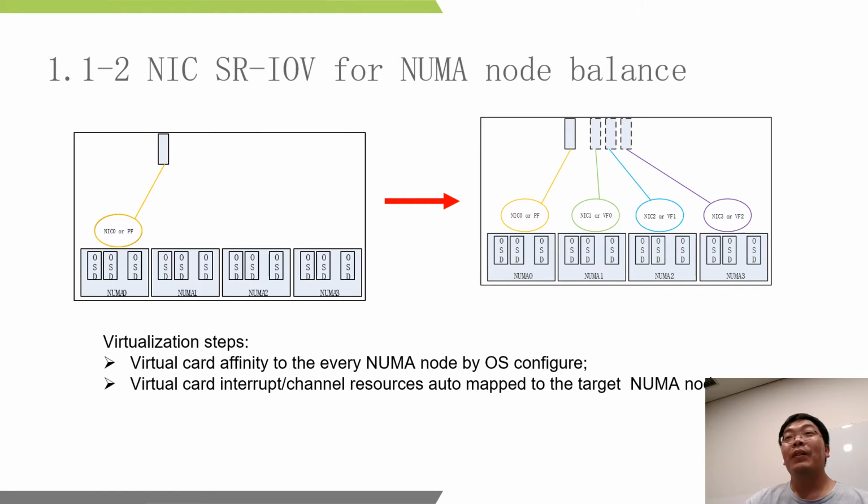Only with this new hardware resource can it be given affinity to different NUMA nodes at the OS level, so that interrupt, channel, and DMA resources can be allocated locally. Through NUMA balancing, performance can be improved by at least 10%. Generally, it's the first operation for optimization.